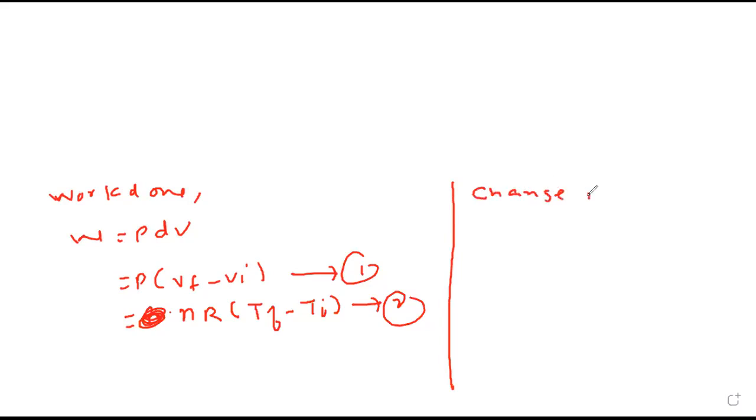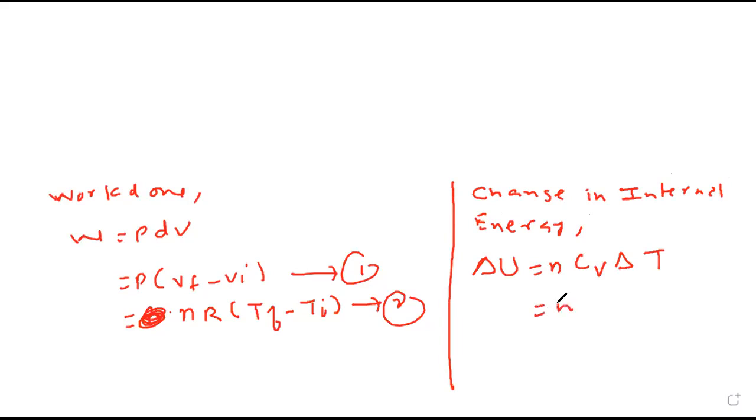Change in internal energy: delta U is n times Cv into delta T, that is n times Cv into T final minus T initial.